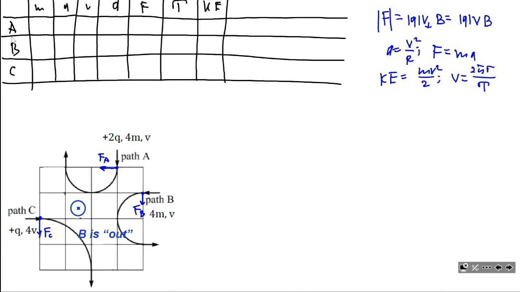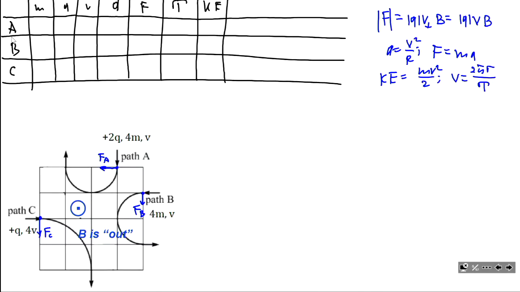And so 1, 2, 3, 4, 5 equations for each particle. So 5 times 3, 15 equations. And we will do that. But also we need to look at the information provided to us.